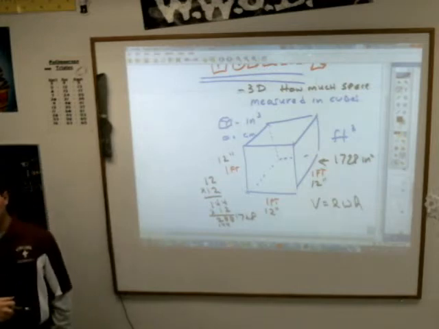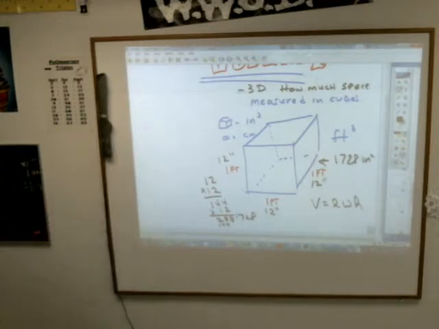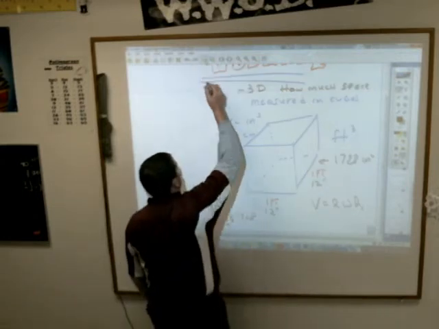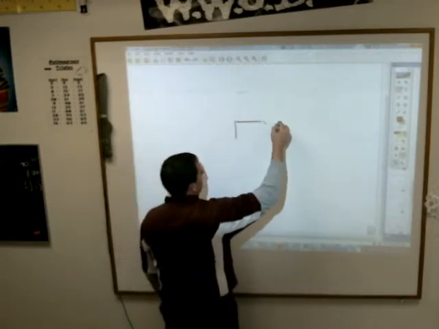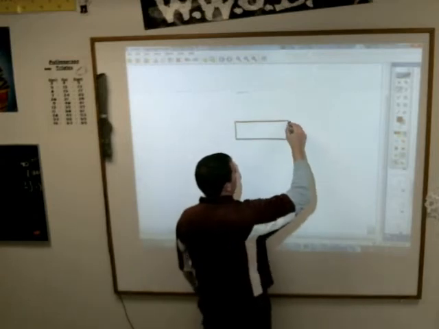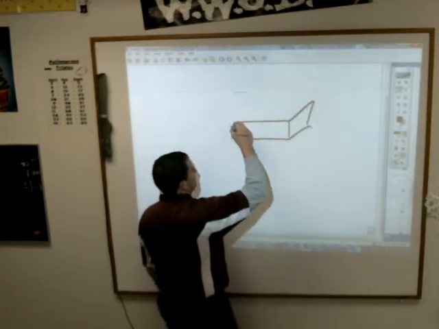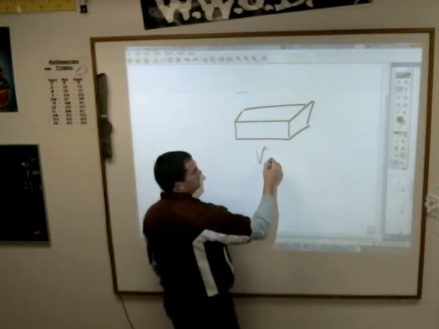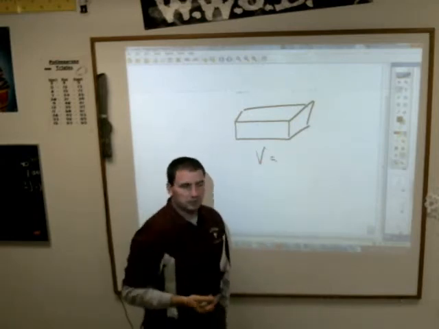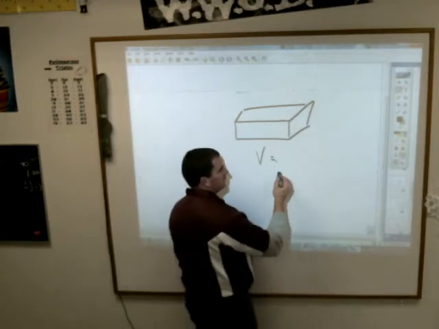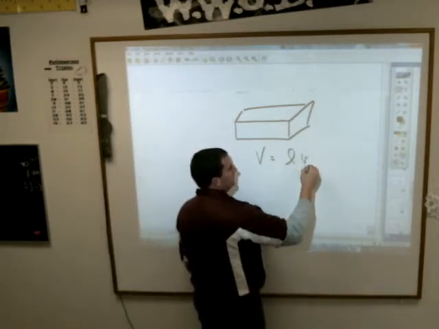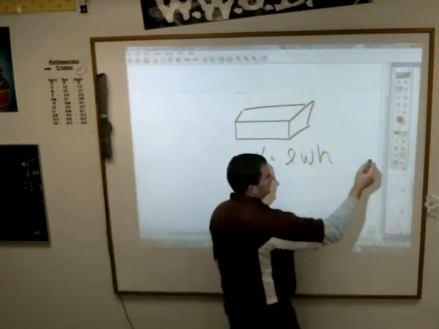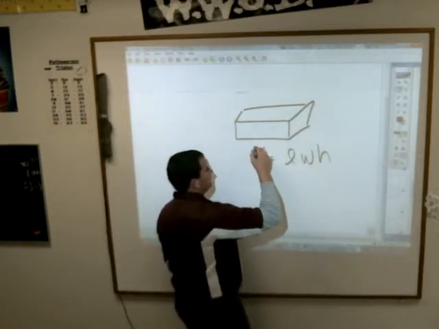Now, with that being said, children, if you have a rectangular prism like we talked about, you can use that same formula that you always have used. As long as it's a rectangular prism, you can use length times width times height. That is fine. And the reason for that is we talked about this before.